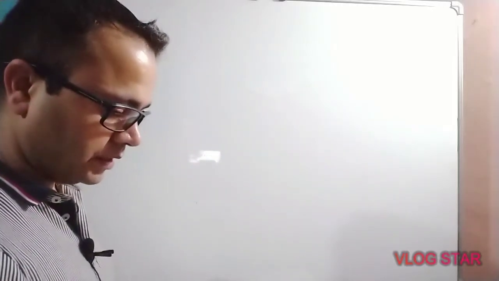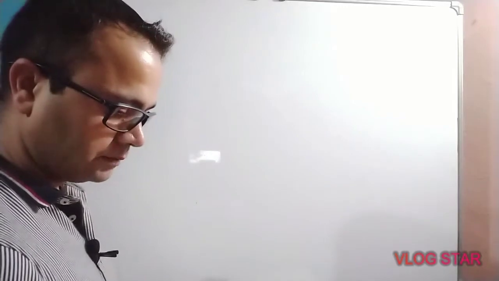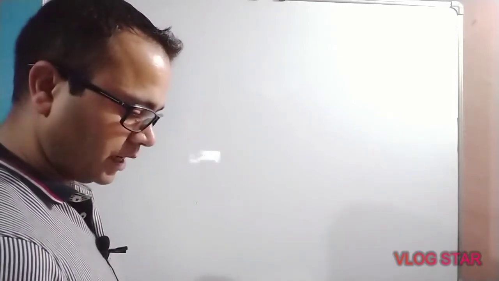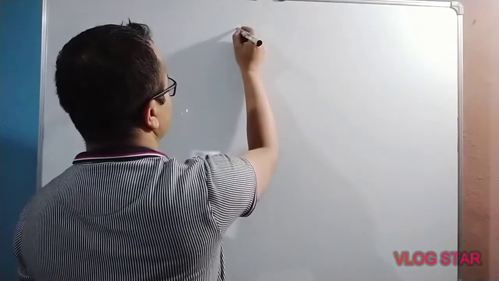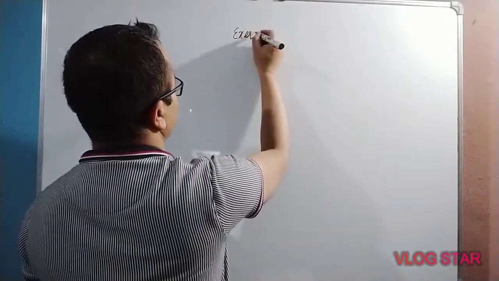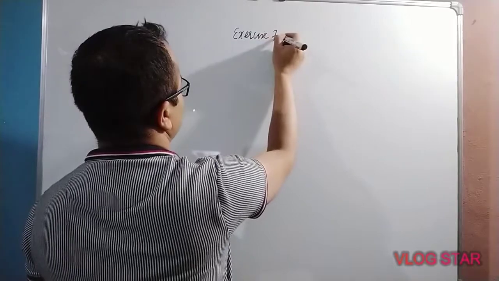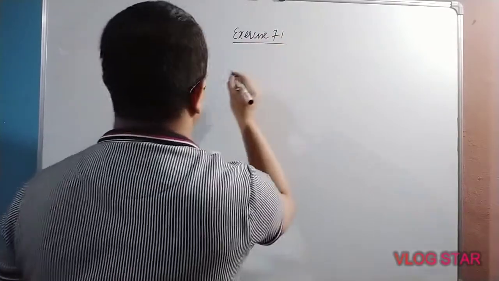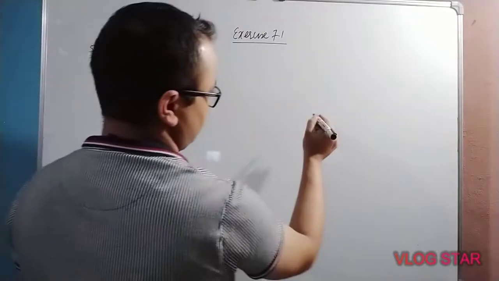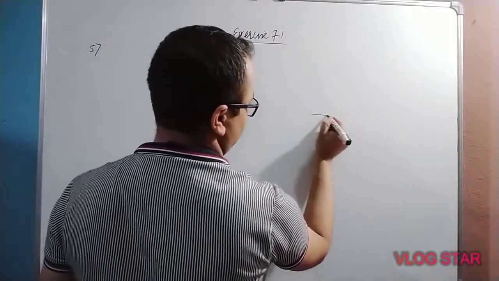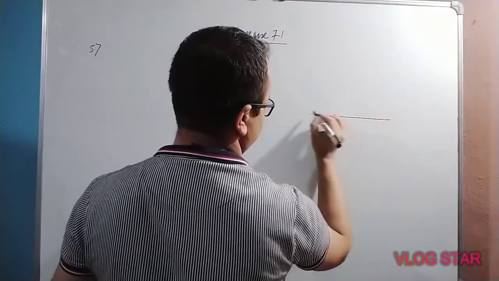In question number 5, exercise 7.1: line L is the bisector of angle A and B is any point on line L. A figure is given.